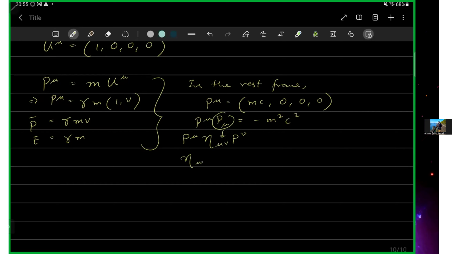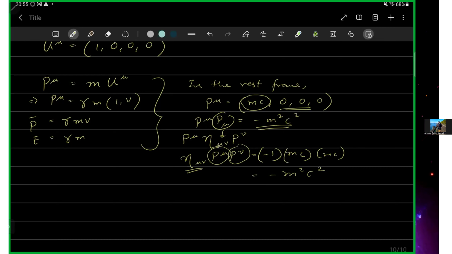And hence I will get eta mu nu P mu P nu, which will essentially give me the minus term, where you see that there is no minus term over here, but the eta essentially introduces a minus term in the temporal component. Hence, I will get minus 1 for the eta, times mc for the first, and of course plus the others, but the others are 0 because all the others are 0 over here. Hence, I will only have this times twice of them because I have 2 of the p mu's, and hence I would just get minus m squared c squared. Okay.